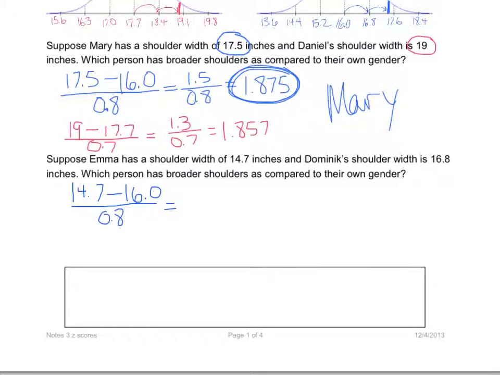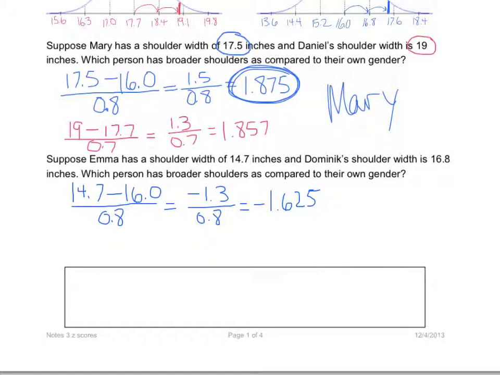So 14.7 minus 16 gives us negative 1.3. And then we'll divide that by the 0.8. And that gives us negative 1.625.